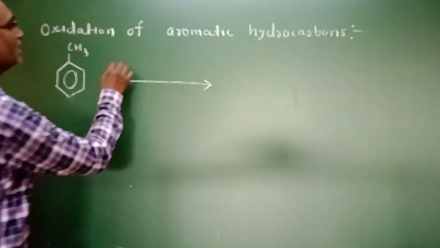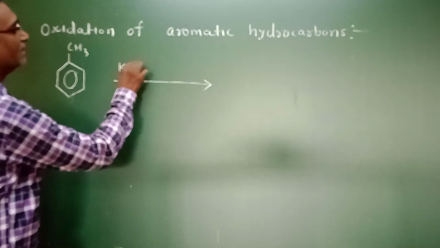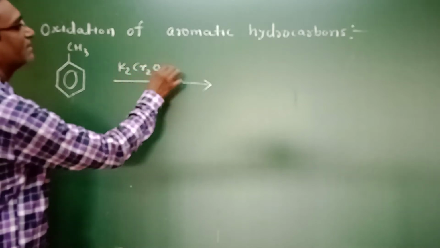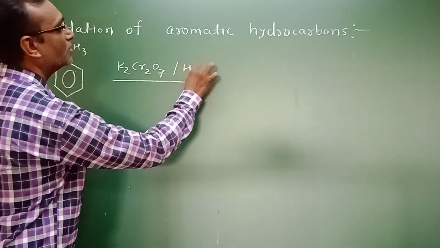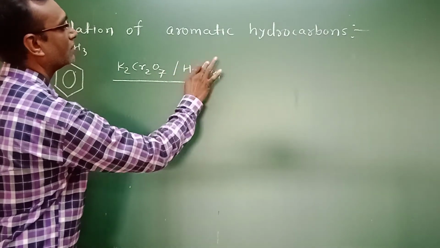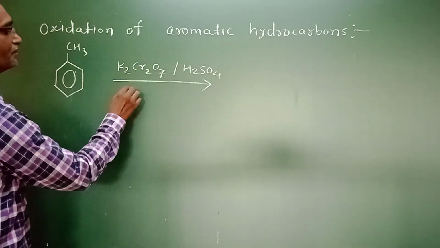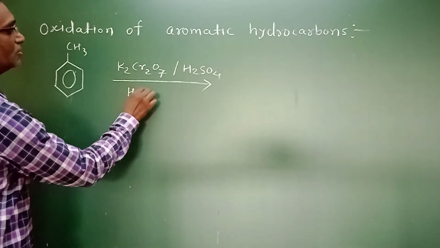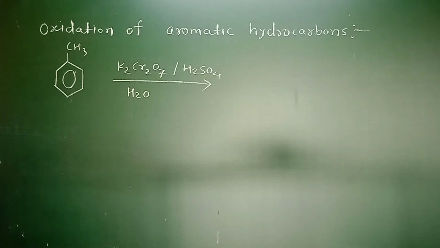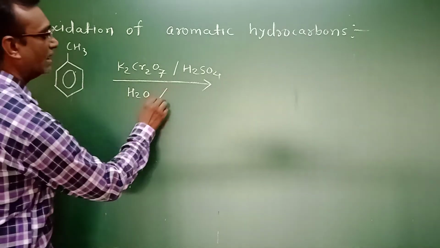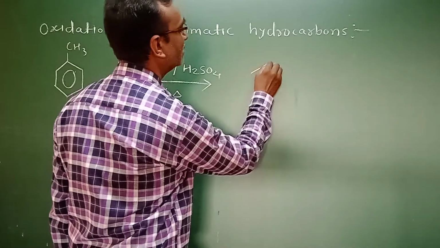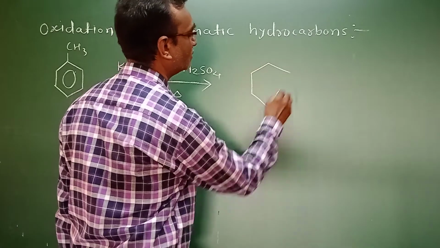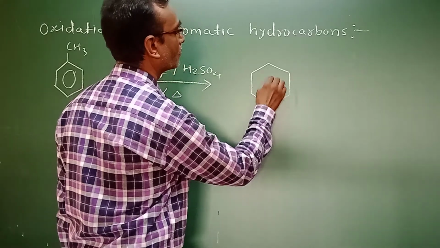If we use K2Cr2O7 with H2SO4, H2O, and some heat energy is required, how will it form the oxidation product now?